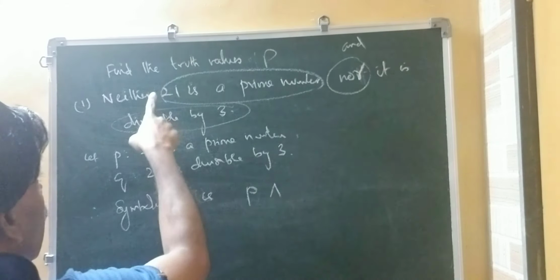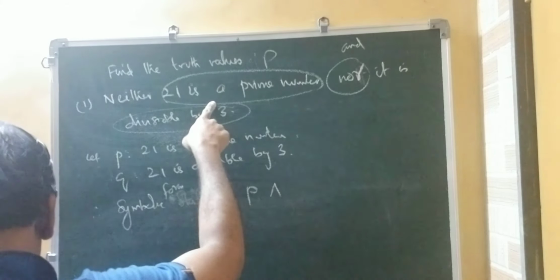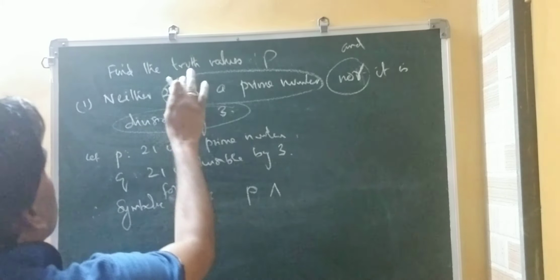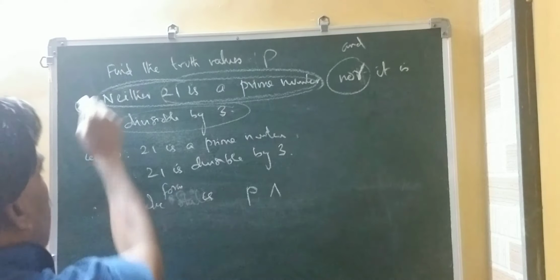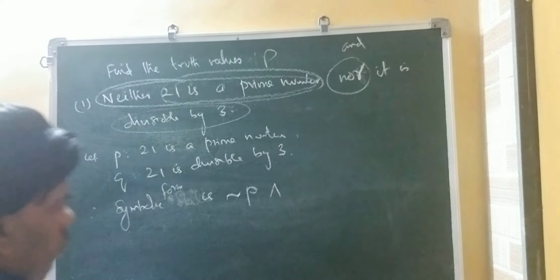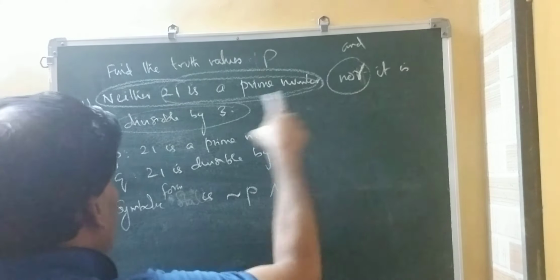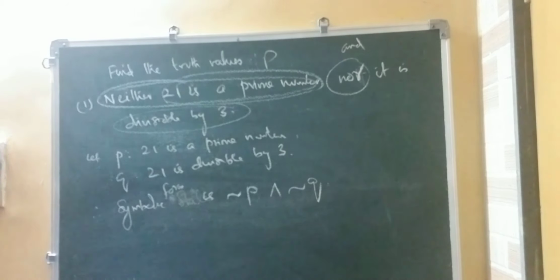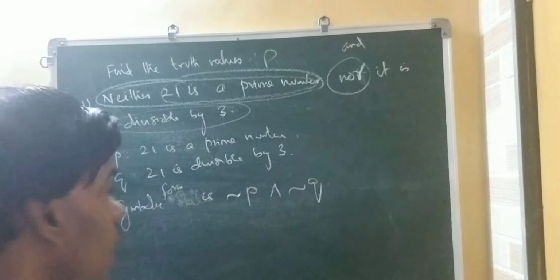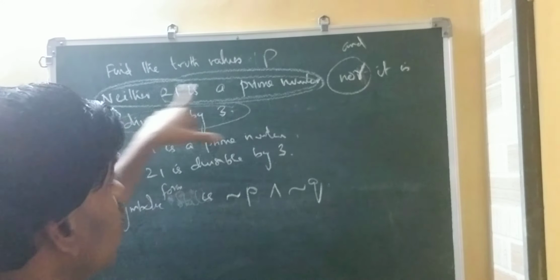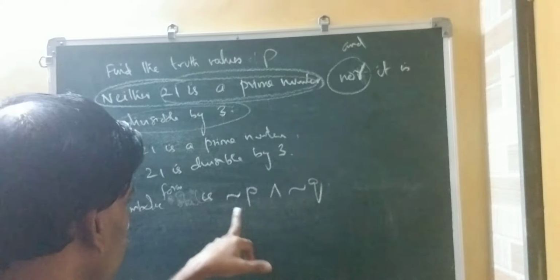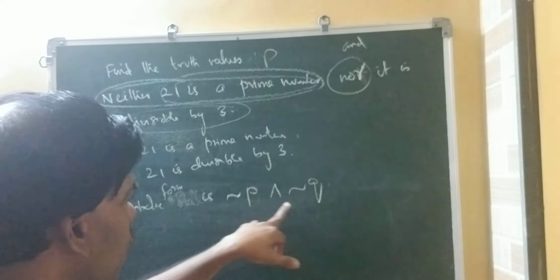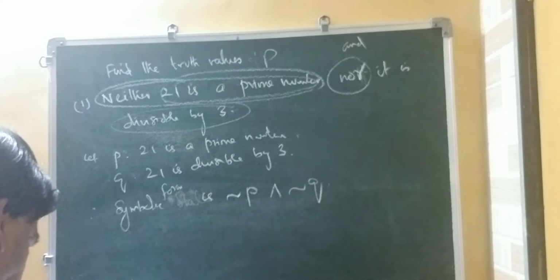Now, see here, neither 21 is a prime number, they are telling 21 is not a prime number. So not. Nor it is not divisible by 3 also. So negation of P, but what we have taken is 21 is a prime number. So negation P and negation Q.